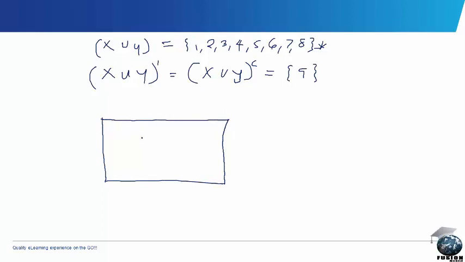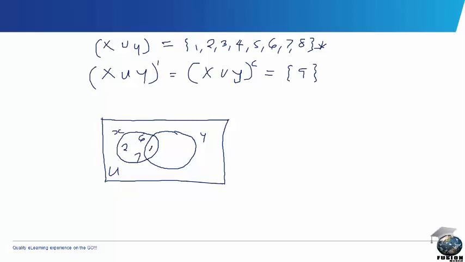Okay, alright, this is our Y and this is our X, and this is the universal set, and you have 6, 2, and 7.